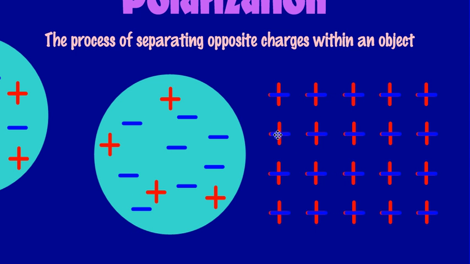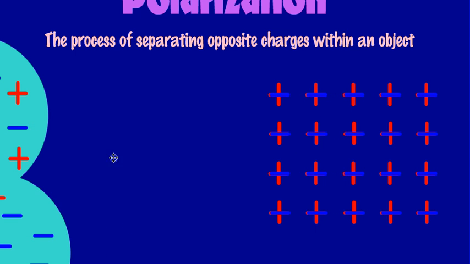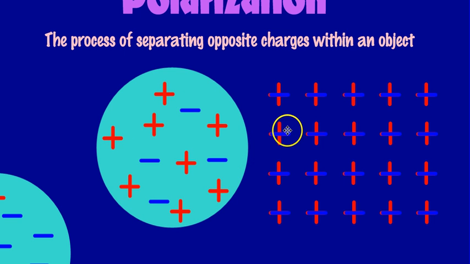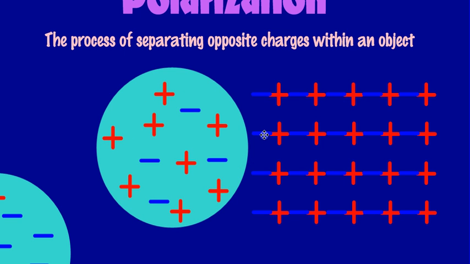If I do something similar with a positively charged object, the negatives would shift in the opposite direction, being attracted. So notice that the negative charges don't actually leave the atoms themselves. It's just that as those electrons are circling the nucleus, they spend a bit more time on one side than on the other. That's how polarization works.